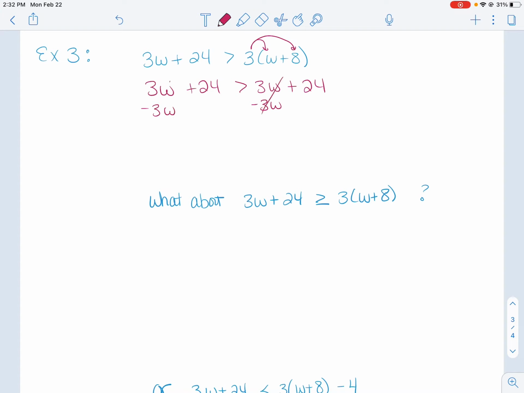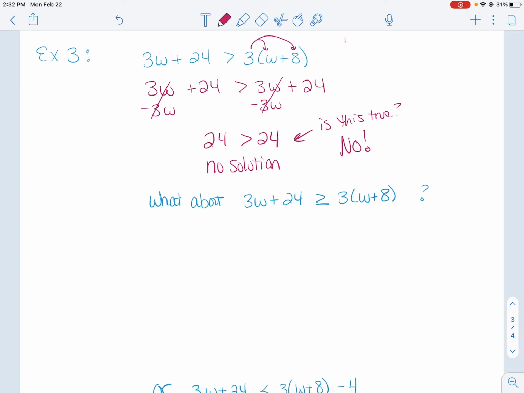So I'm going to take away 3w from both sides. So 24 is greater than 24. Is this true? Is 24 greater than 24? No, right? So if it's a false statement, that would tell us that there's no solution. So there is no number we could substitute in for w that would ever make this inequality true, right?